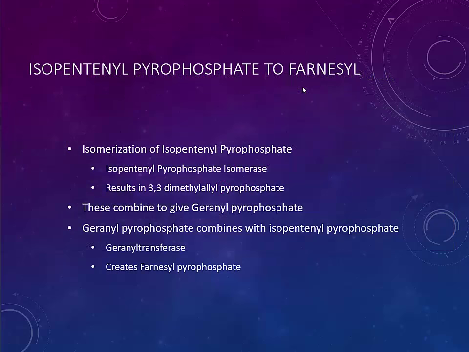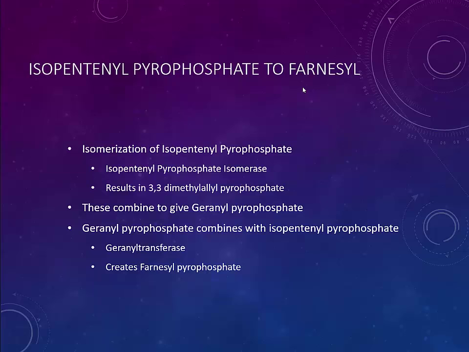Isopentenyl pyrophosphate is isomerized to 3,3-dimethylallyl pyrophosphate. Dimethylallyl pyrophosphate is combined with isopentenyl pyrophosphate to give geranyl pyrophosphate. Geranyl synthase does this.